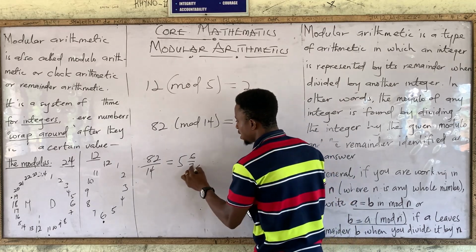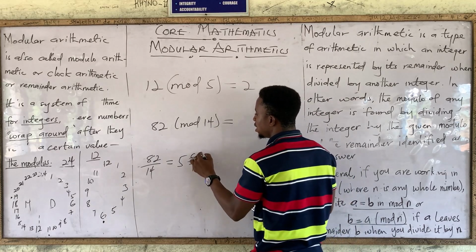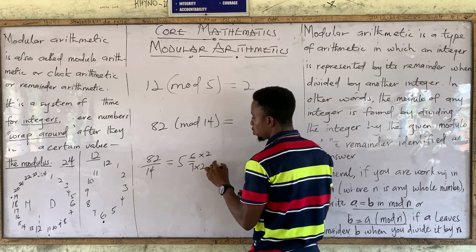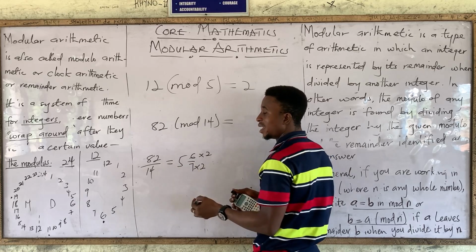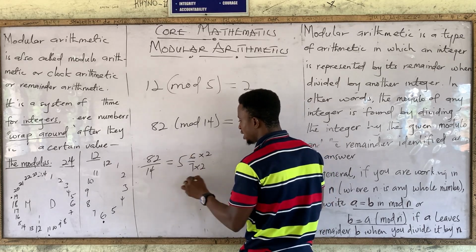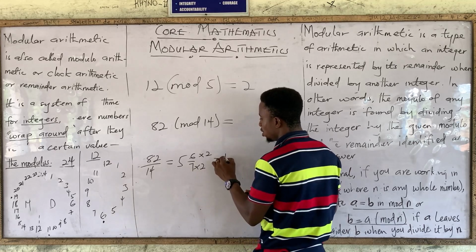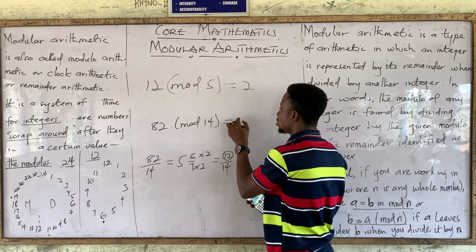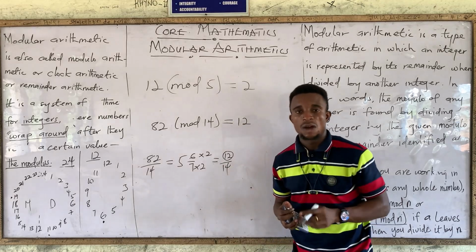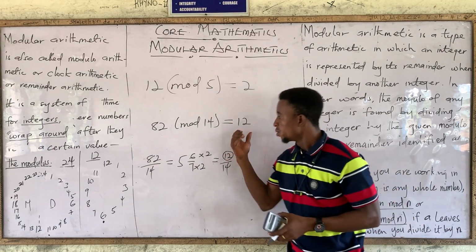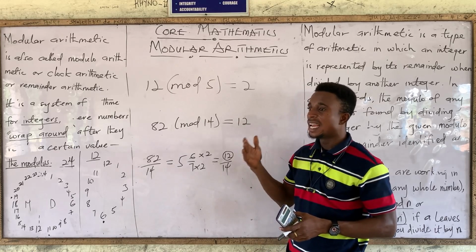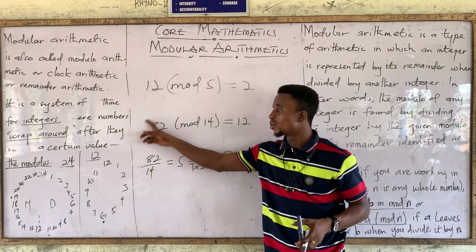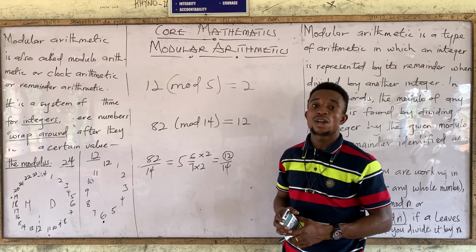So I can multiply here by 2 to get a 14. Then I do the same to the top. Likewise, we are not interested in the whole number part. So this one will get me 12 on 14. So now we can say the remainder is 12. Are we getting that? We are saying 12. We are not adding anything attached, because this is just an integer. And that is all we are going to be doing.